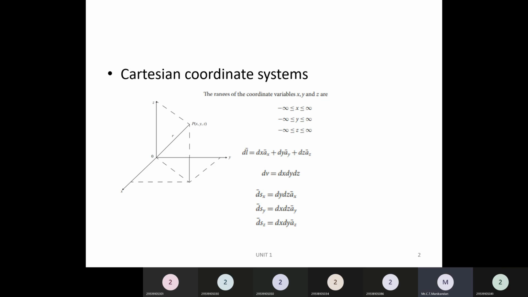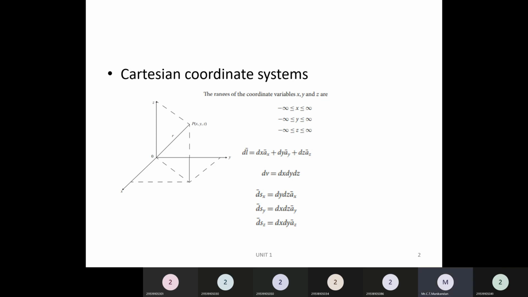We can have it as ax, ay, and az, or I vector, j vector, and k vector. These are the basic elements we have to know while solving problems in electromagnetic fields.